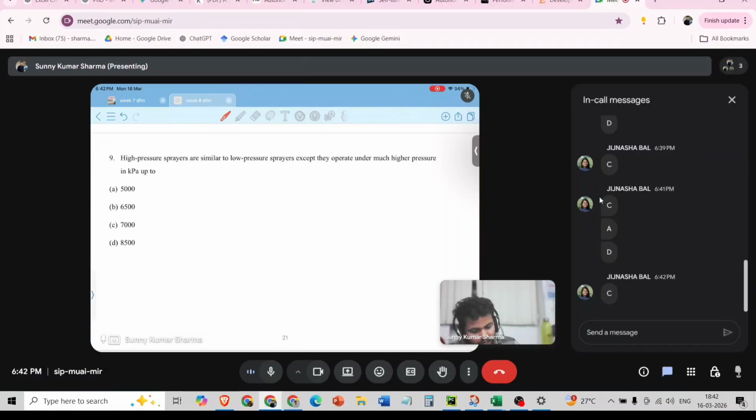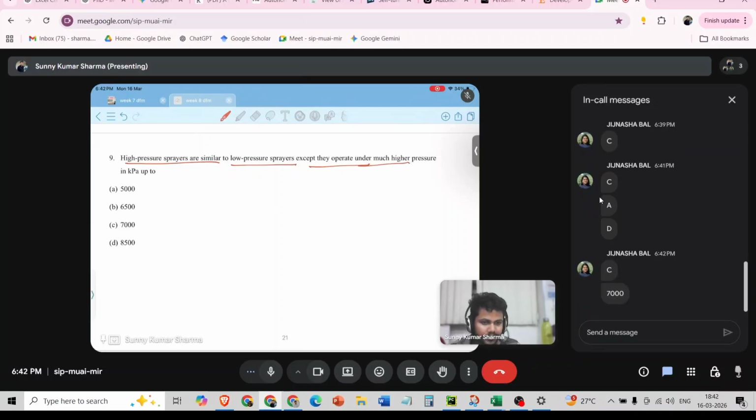And next question is, high pressure sprayers are similar to low pressure sprayers except they operate under much higher pressure, up to 7000. Just now we have seen.